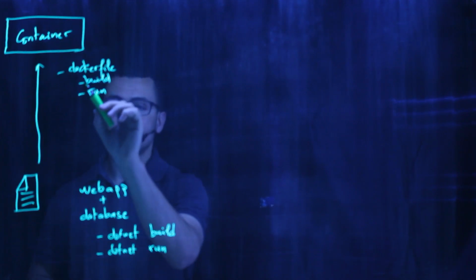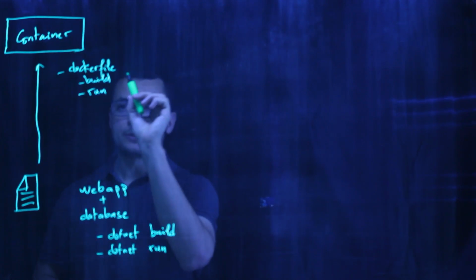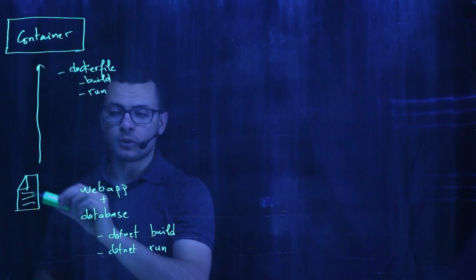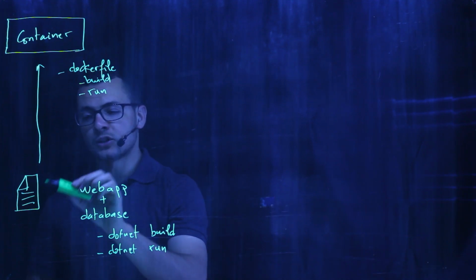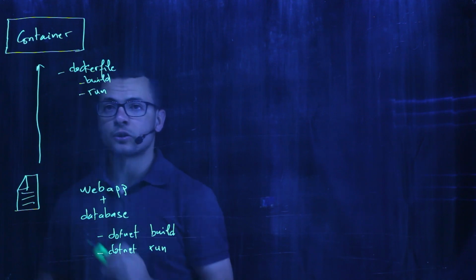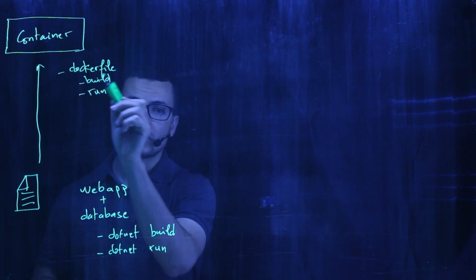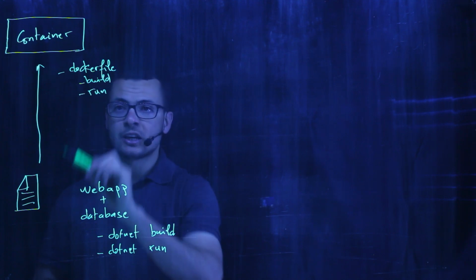So we'll try to use a specific container to build the application. Of course, we need to copy the application's source code inside that container, then we'll run the command to build the application inside the container.